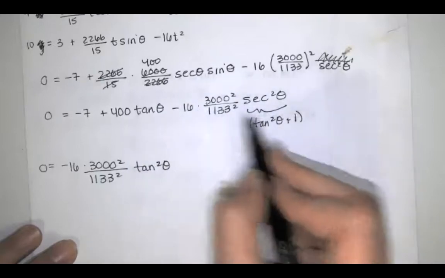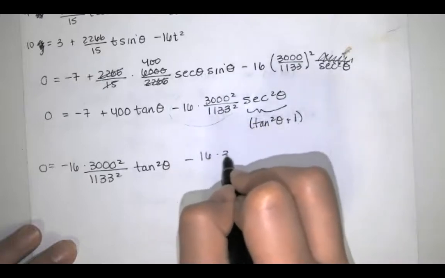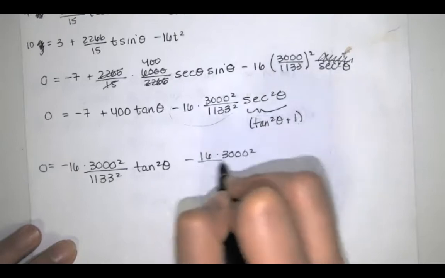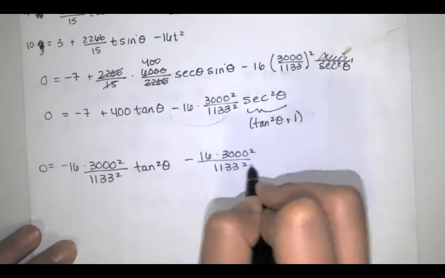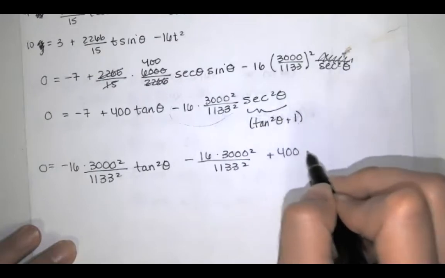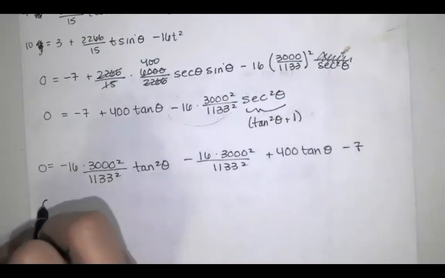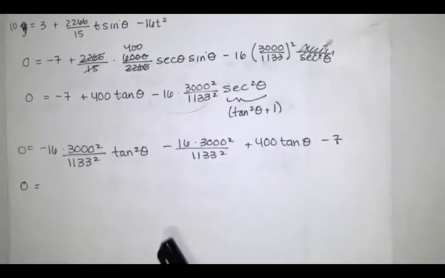And then we're subtracting that, because if I distribute that to the positive one there, I get this. And then I am going to add 400 times tangent of theta and subtract 7. And then we'll see what we get.